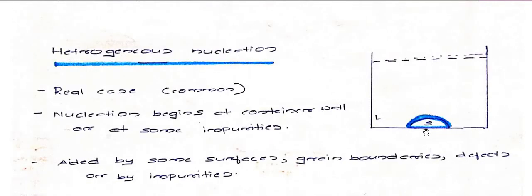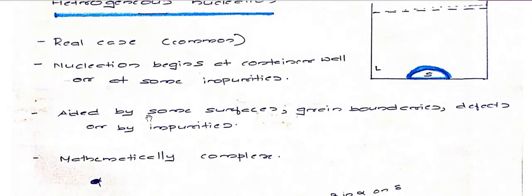Now let us see how heterogeneous nucleation will happen. It will be aided by some surface like this, or by grain boundaries, from the material science or metal point of view.